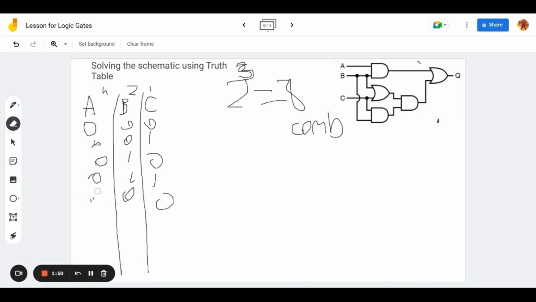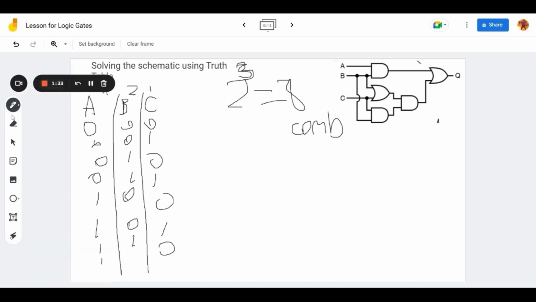That's a 4. 1, 0, 1. 1, 1, 0. Then 1, 1, 1. So 0 to 7.